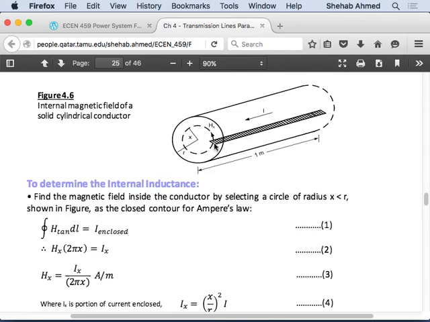So the flux lines here are linking only this portion, not the external area of the conductor. So there's a ratio between the total flux linkage that is linking this area versus the total flux calculated by this h of x.